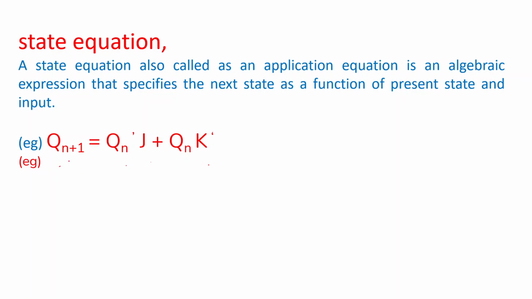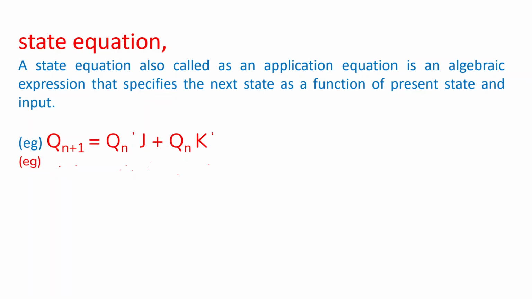So the next state in a JK flip-flop is equal to present state complement times J plus present state times complement of K. This is the characteristic equation of the JK flip-flop.